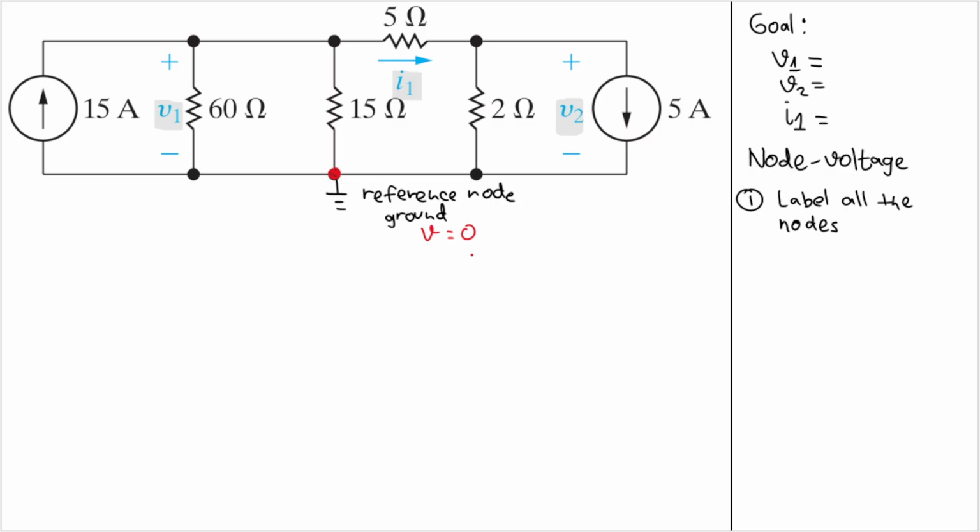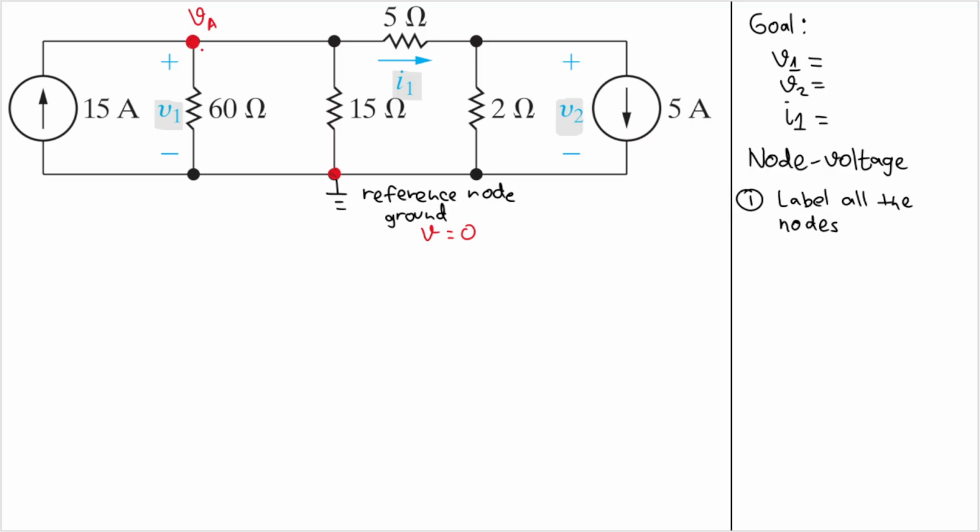Okay, now let's label the other nodes. We have two nodes here. The first one is this one here. But remember this is not another node because it is directly connected to this node here. So it is one node. So let's name this node as node A. So the voltage here will be VA.